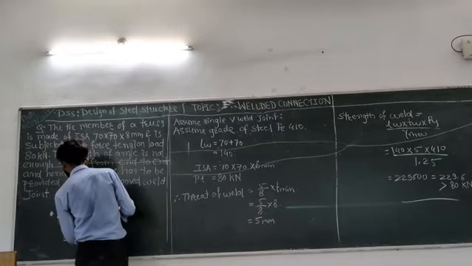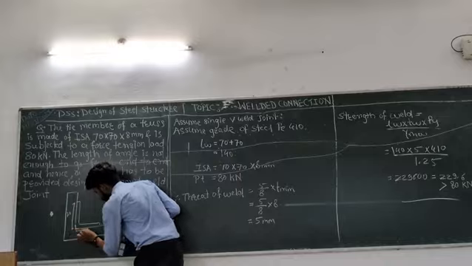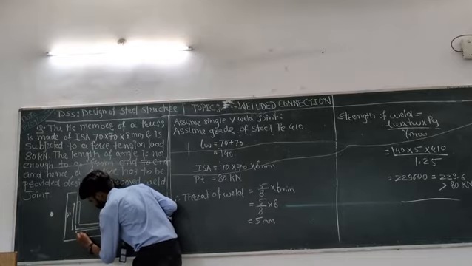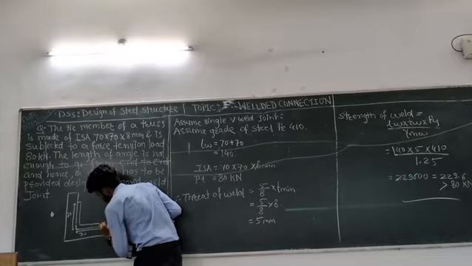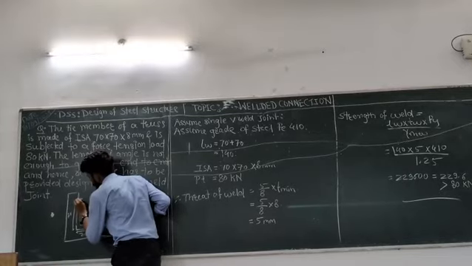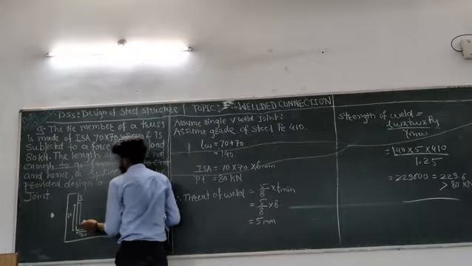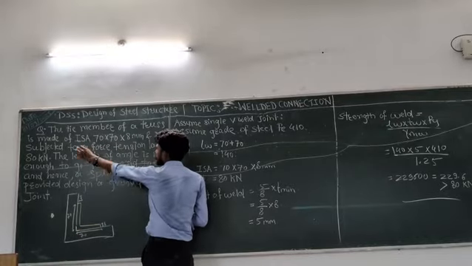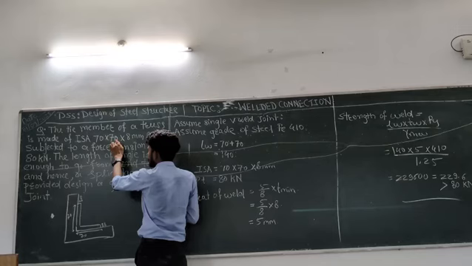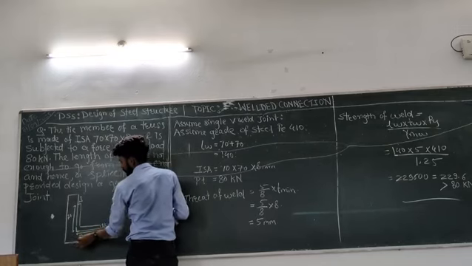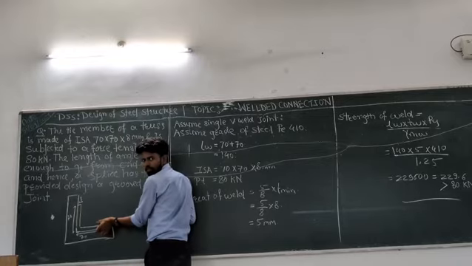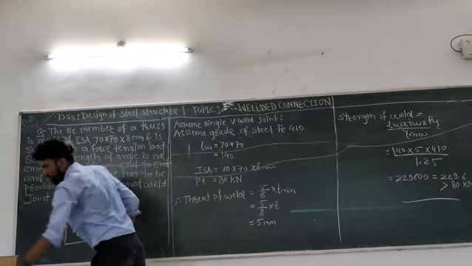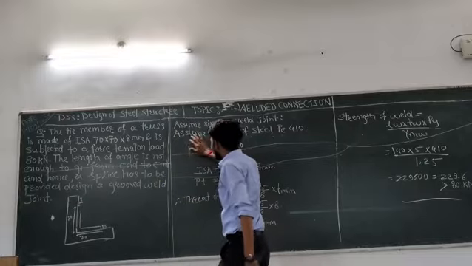The size is 70, 70. The measurements are given in the problem, ISA 70 x 70 x 8. So this is 70, this is 70, and the thickness is 8. The thickness of this weld is going to be 8. That is placed here. So let's start the solution.